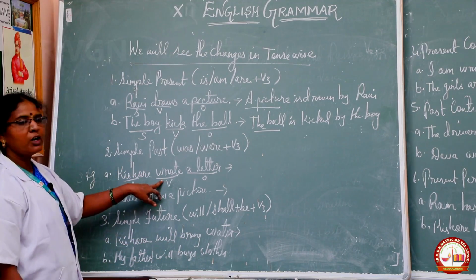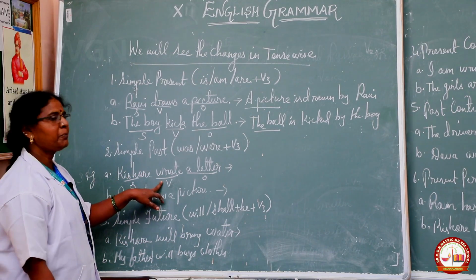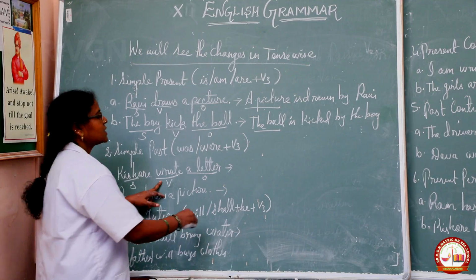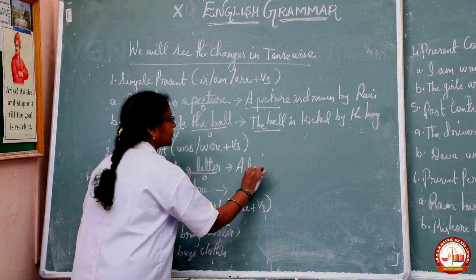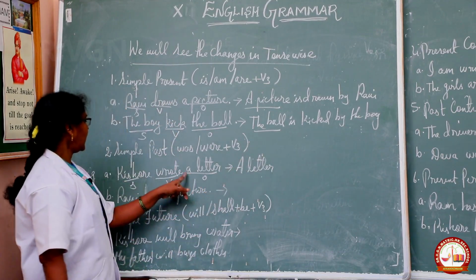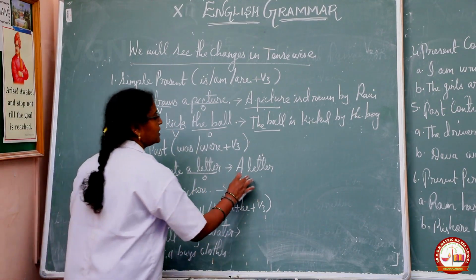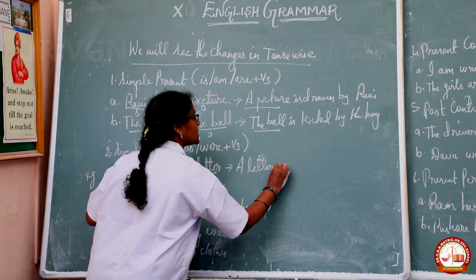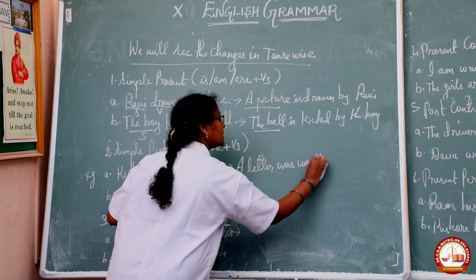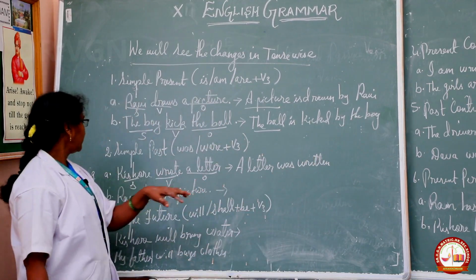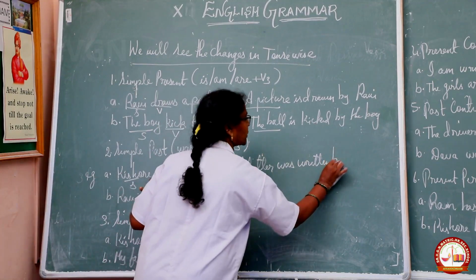So here the verb is in past tense, so the helping verb must also be past tense. So how to change? A letter was, because a letter is singular, so was, then V3, written: a letter was written by Kishore.